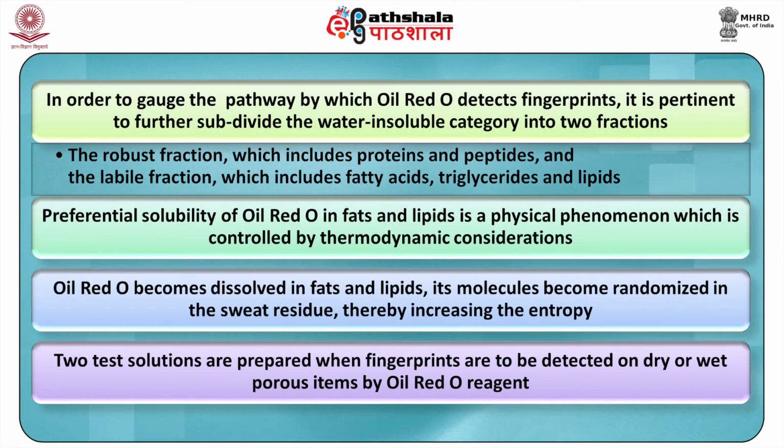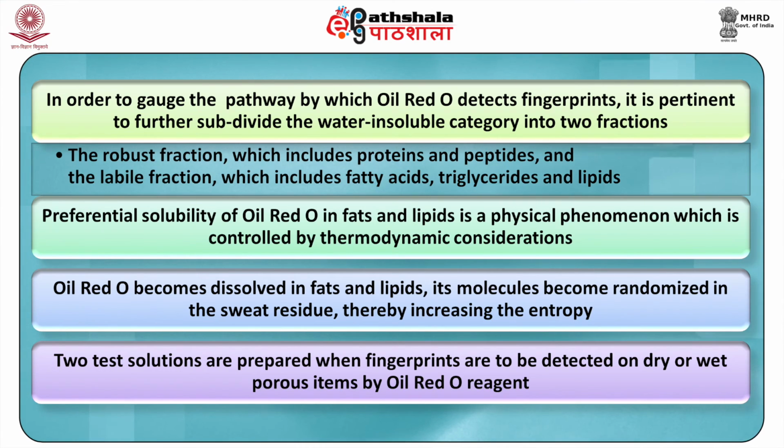Then we have come to know after reading this chapter that in order to gauge the pathway by which oil red O detects fingerprints, it is pertinent to further subdivide the water insoluble category into two fractions.